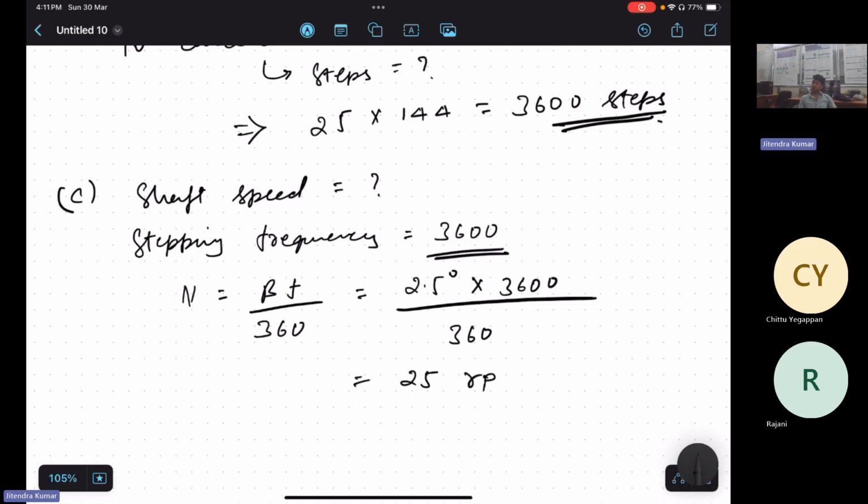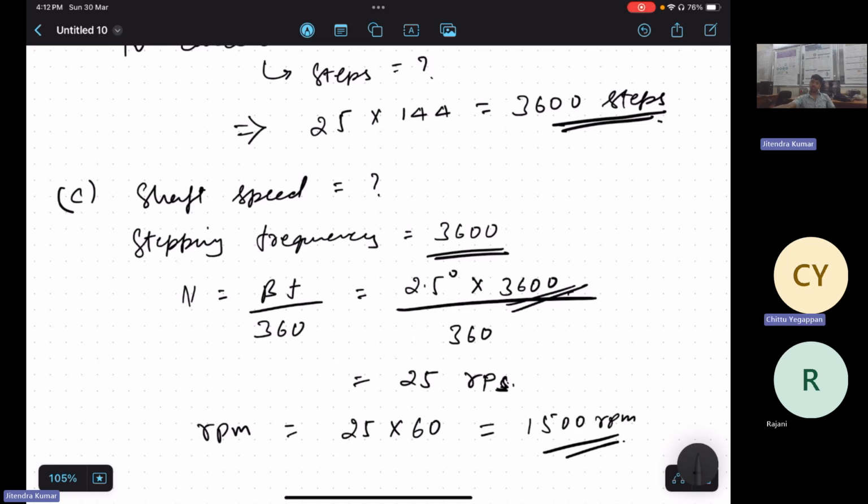RPS, sir. Because 3600 is only frequency. If you want to convert to RPM, you have to multiply with 60, so 25 into 60, 1500 RPM. Okay. Yes, sir.